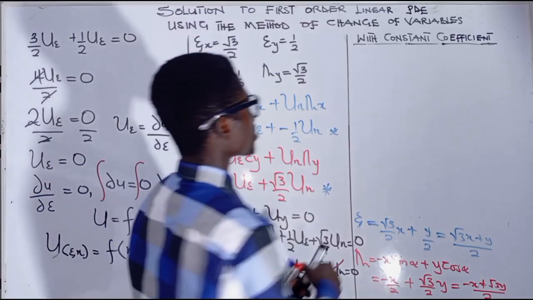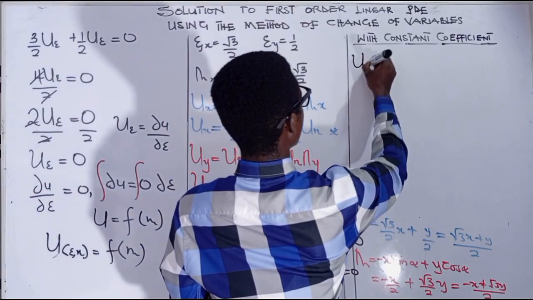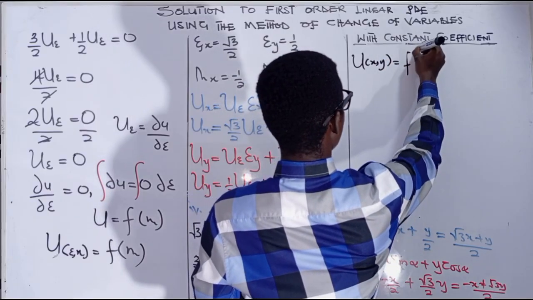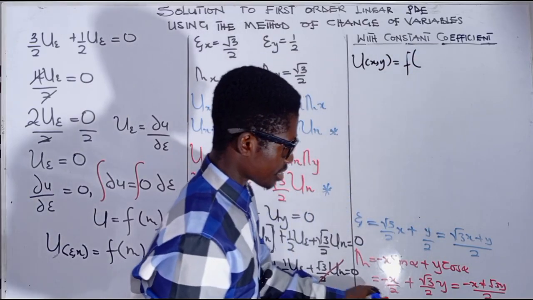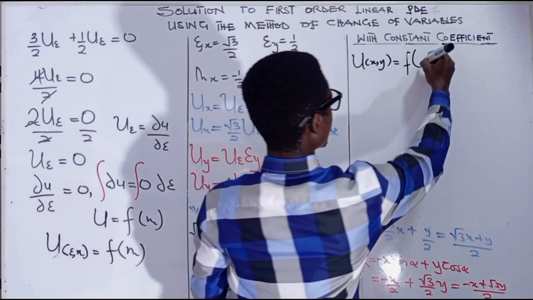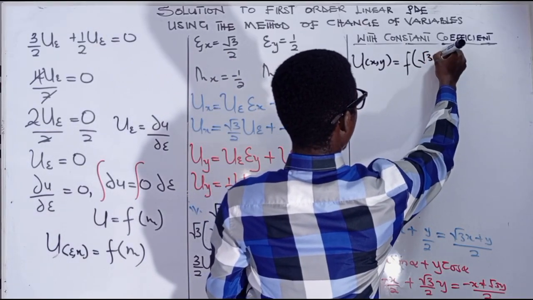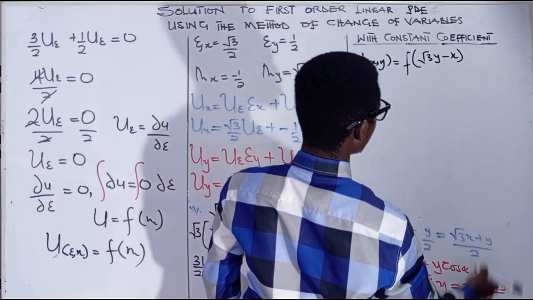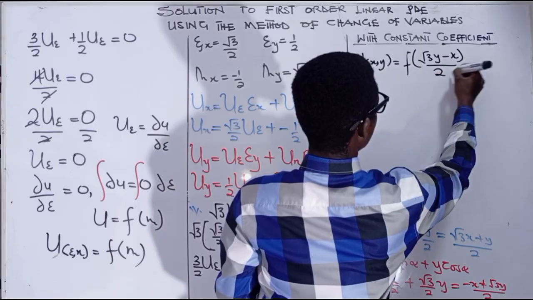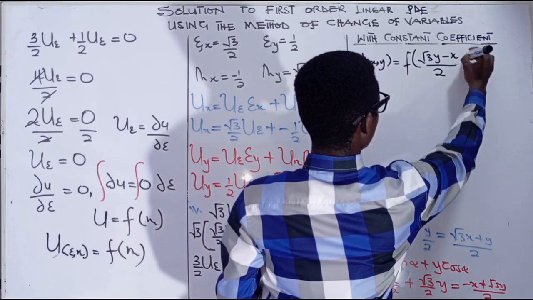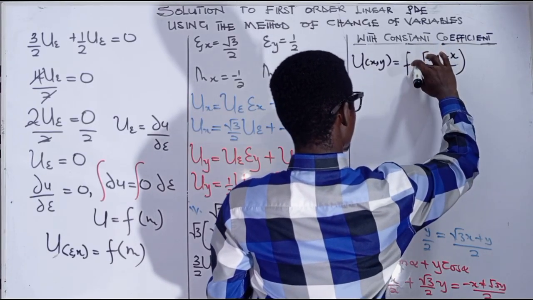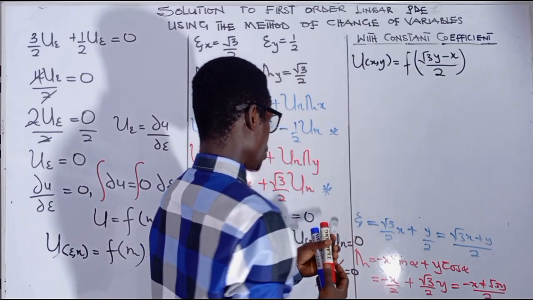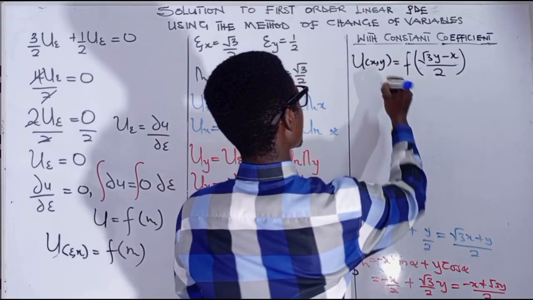So we have our u at x, y is equal to a function of η. η is given as this. So we have root 3 y minus x all over 2. So this becomes our general solution. This is our general solution.